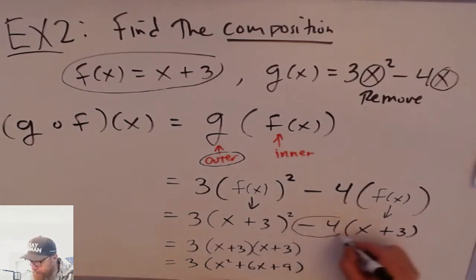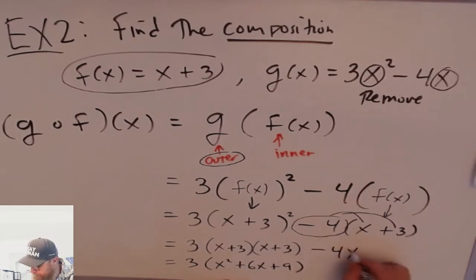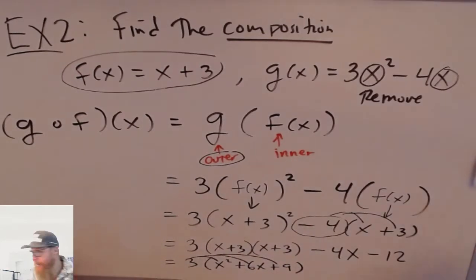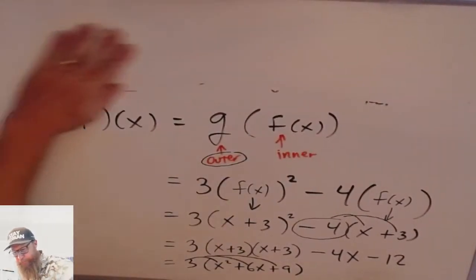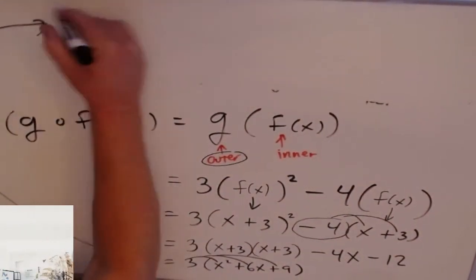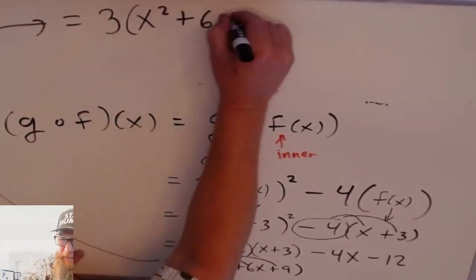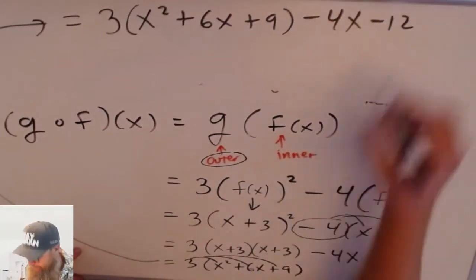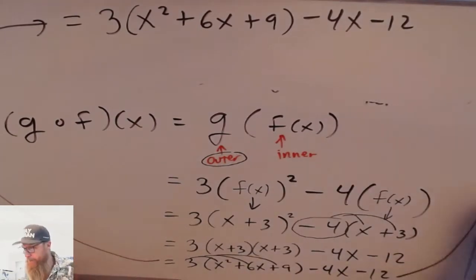Over here, make sure if this is a negative, you distribute it with the value. I'm distributing the 3. I'm running out of room here. Whenever I do this, I try to copy it down exactly where I left off here.